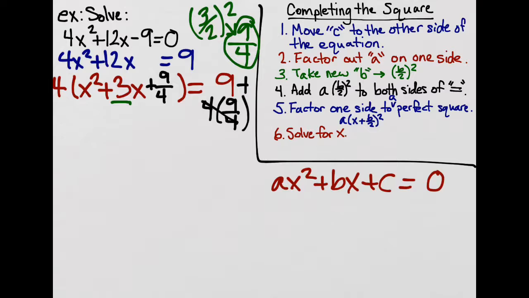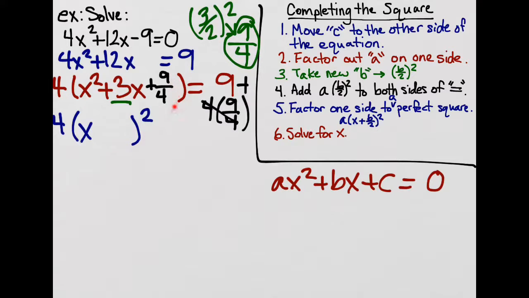Next, step 5, we are going to be factoring one side to a perfect square. Now that should be the side with the x's in it. So we're going to keep our 4 here, and we know that this should factor into x plus something or minus something, squared. Now you can either use your x method to figure out what factors of 9/4 will add to 3.